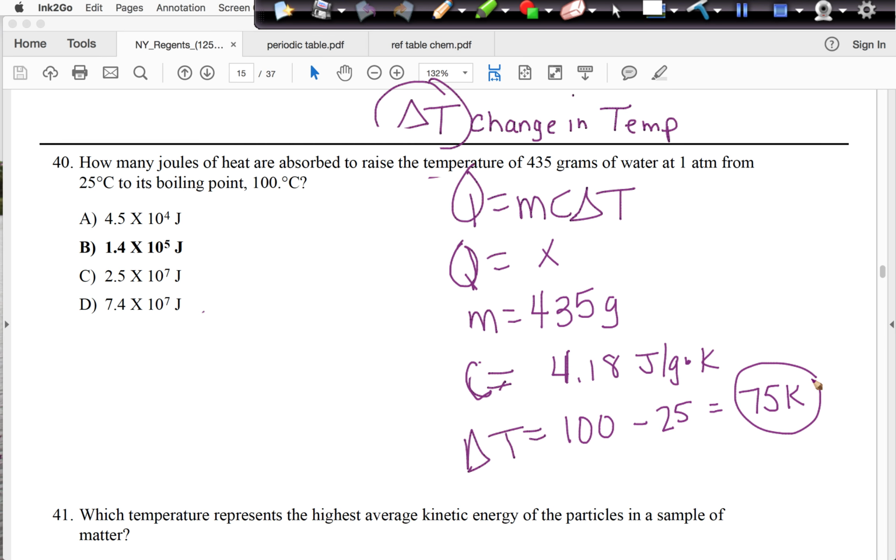Now I switched the Celsius to Kelvin because the difference between two Celsius temperatures will be the same as the difference between two Kelvin temperatures. In Regents chemistry anyway, if you have the same unit written twice, you can cancel it out. So 2 Ks, 2 Gs, which means my final answer comes out in J or joules. I plug in to the formula.